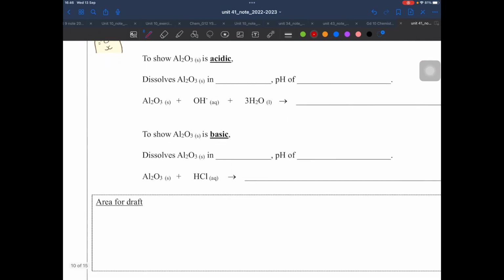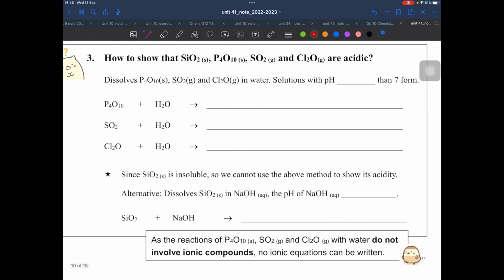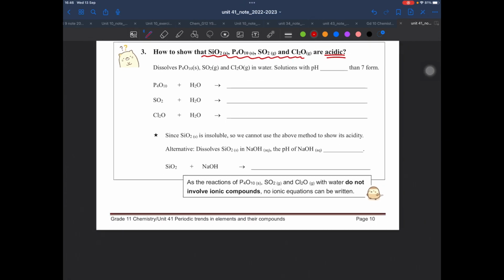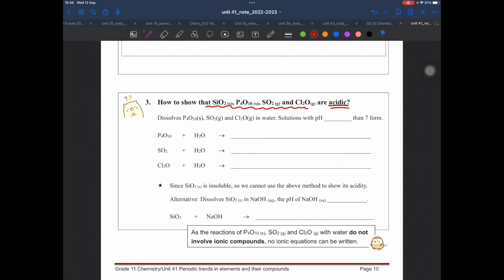For point 2, let me skip first, okay? And let's come to point 3. Again, how can you know that all these non-metal oxides are acidic? Yes, so you got the answer, right? The most straightforward one will be to dissolve in water.